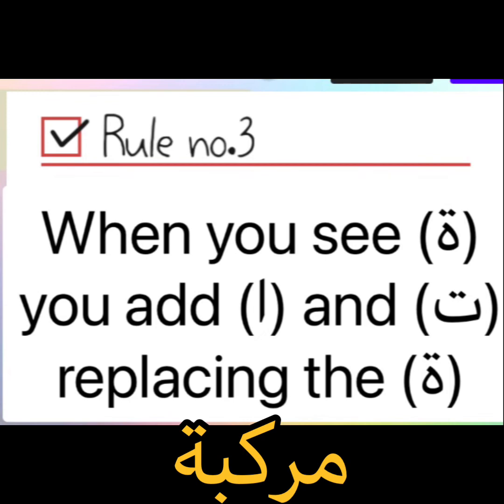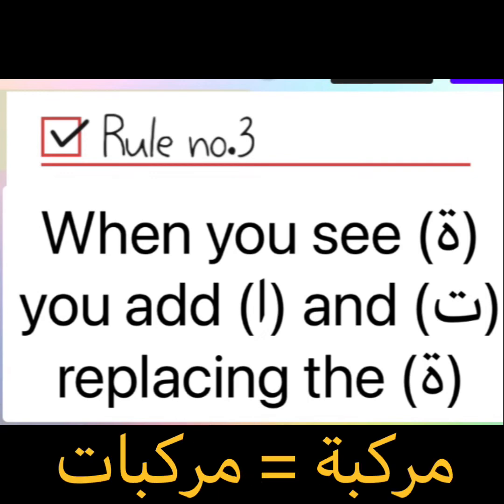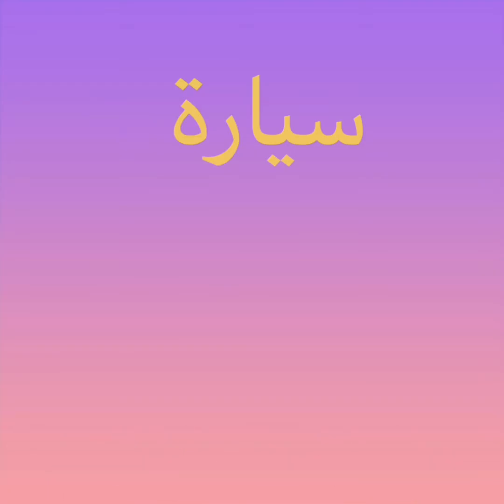Meaning that in this word, you're gonna add after the letter باء a مد ألف and a تاء مفتوحة, making the word become مركبات. It is a common mistake that even Arabs themselves say مراكب instead of مركبات. Well, it is wrong. You can't say مراكب. It is مركبة, مركبات.